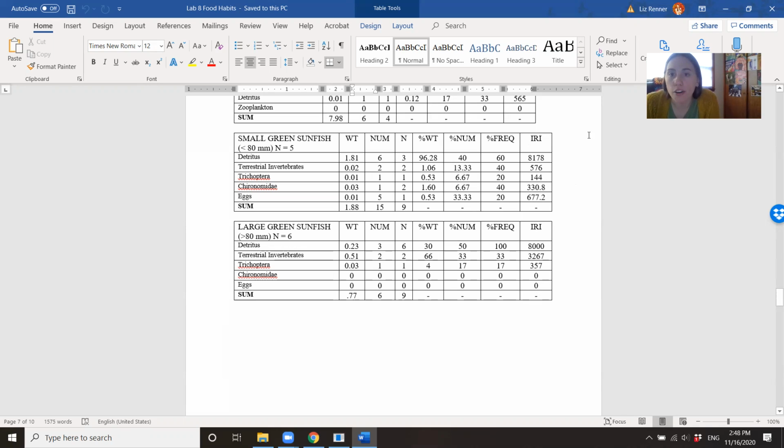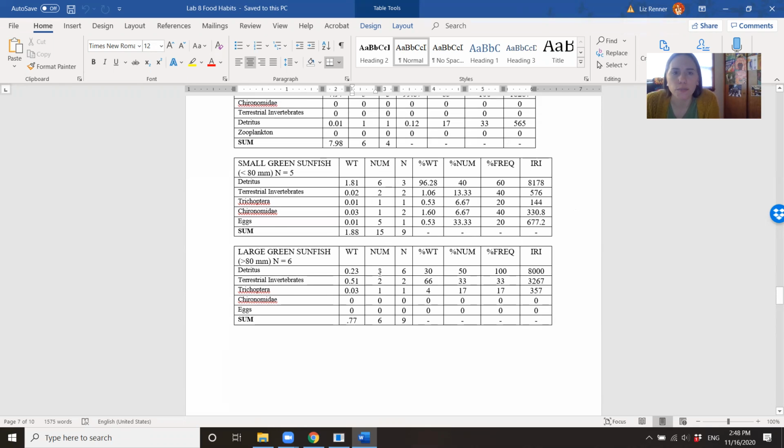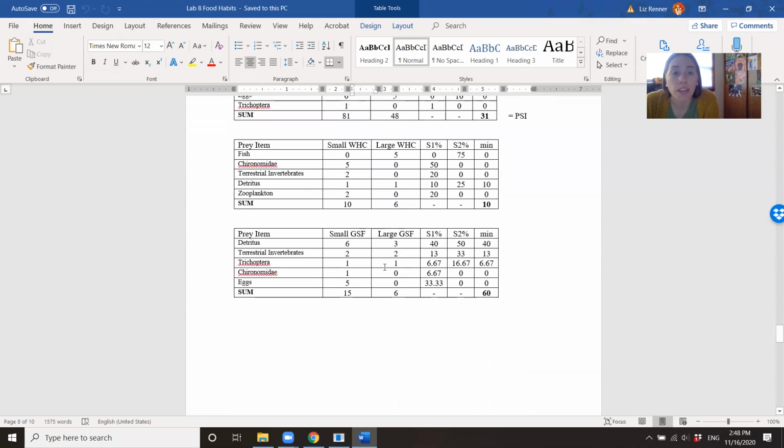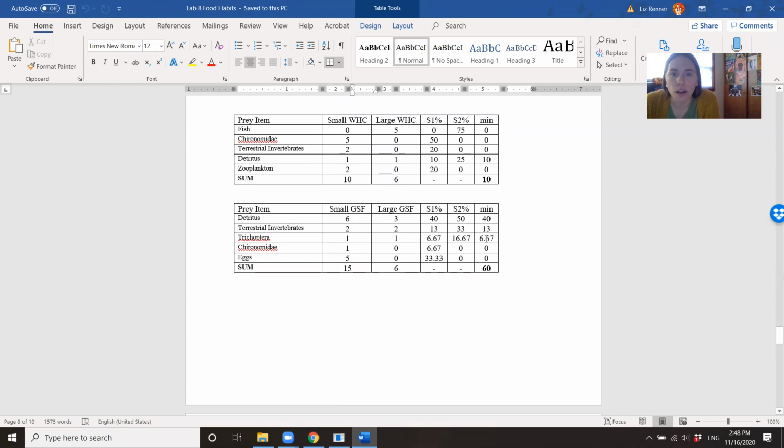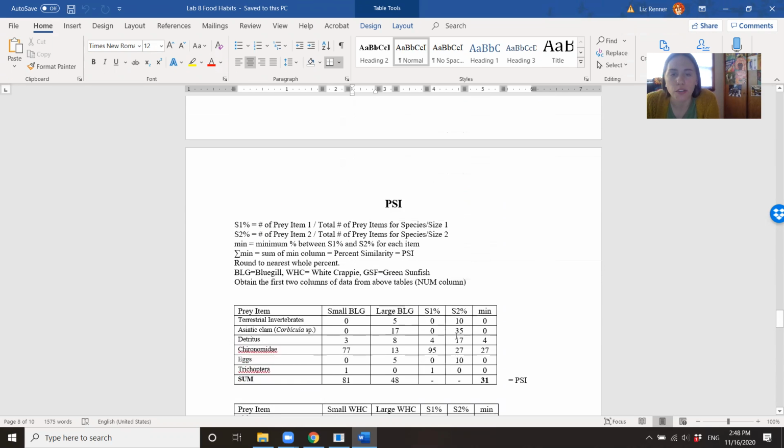So I would say moderate. Using the IRI would suggest a moderate difference in diet between the 2 ages of sunfish. But looking at the PSI, there's pretty good overlap between the 2. So I'd say, yeah, a moderate difference between the 2.